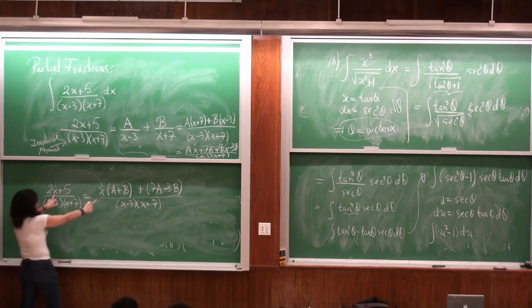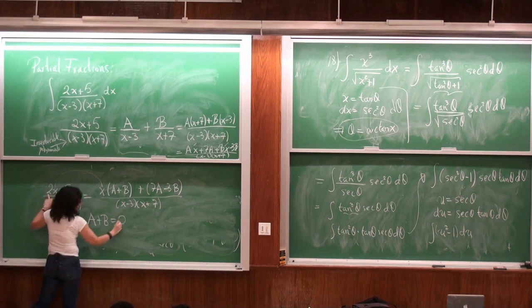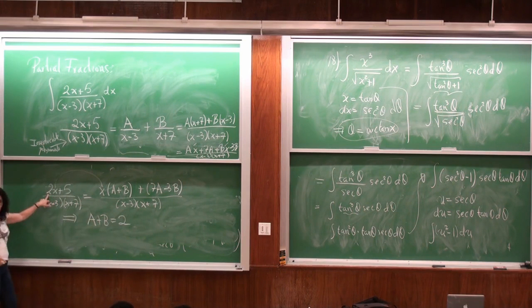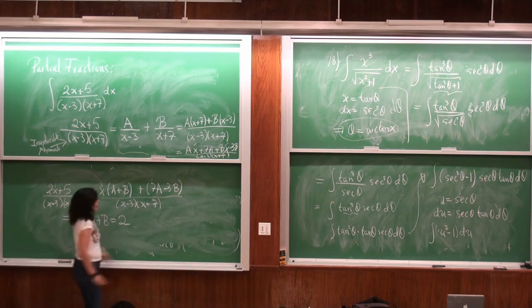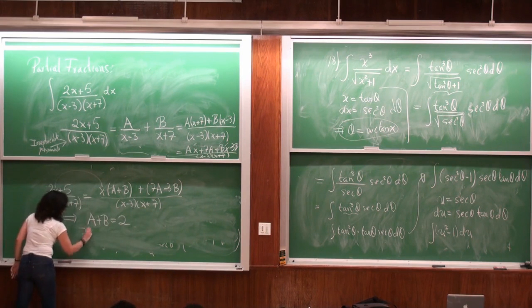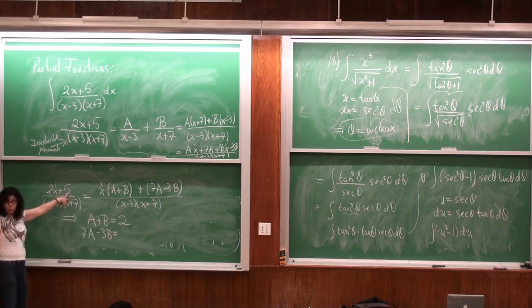So if these two are equal, then 2 has to be equal to A plus B. So this implies that A plus B has to be equal to 2. And therefore, this guy over here, 7A minus 3B, has to be equal to what? To 5.